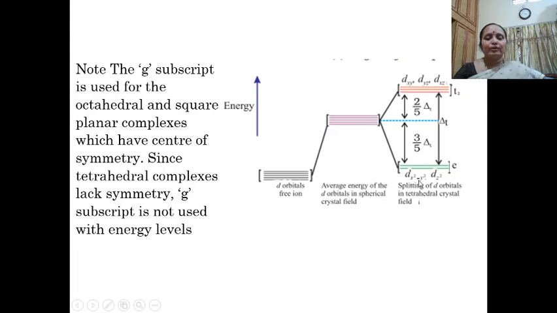The dx square minus y square and dz square orbitals in a tetrahedral field have a lower energy, whereas dxy, dyz and dxz have a higher energy. The g subscript, which is used in octahedral and square planar complexes, is not written here because this has no center of symmetry.